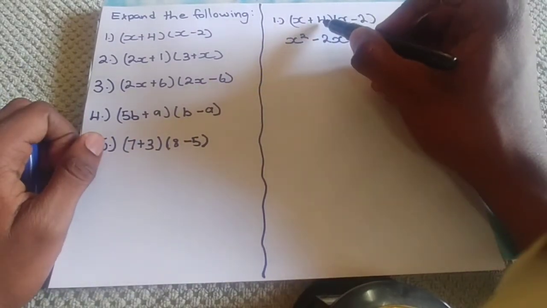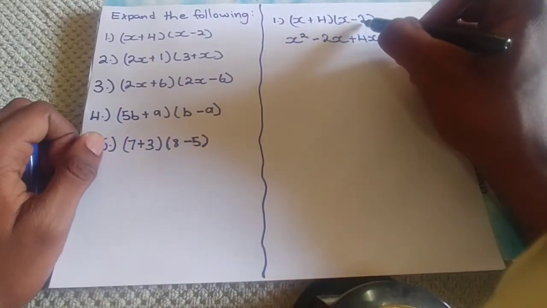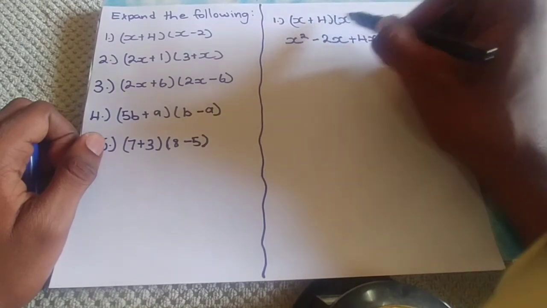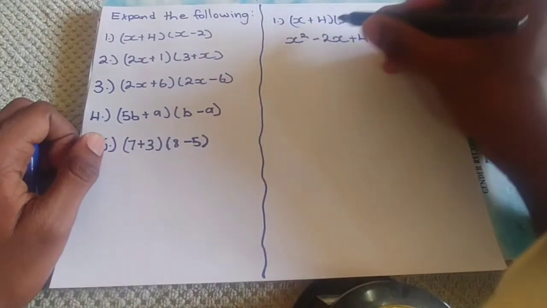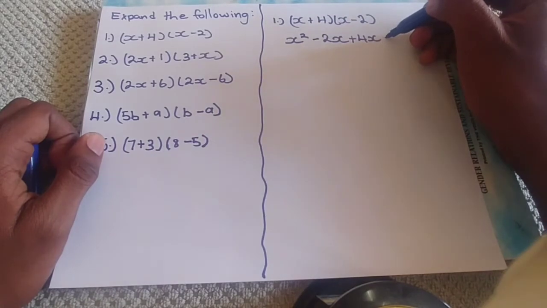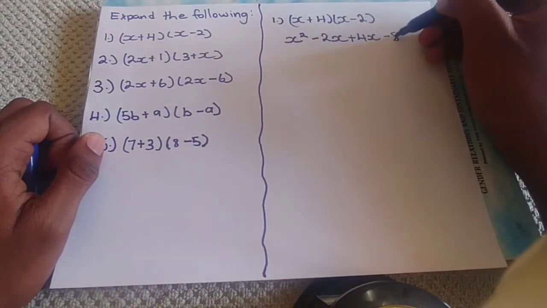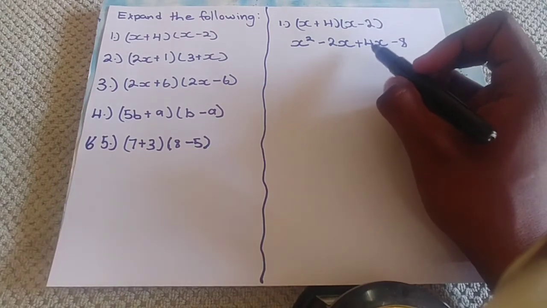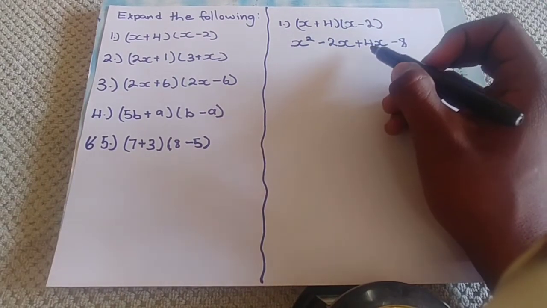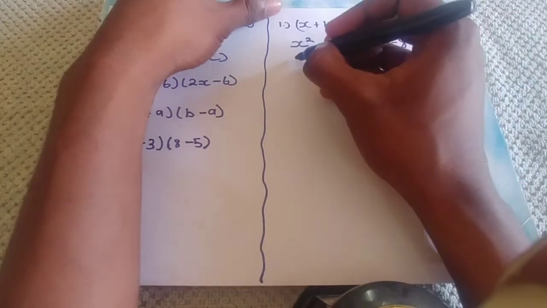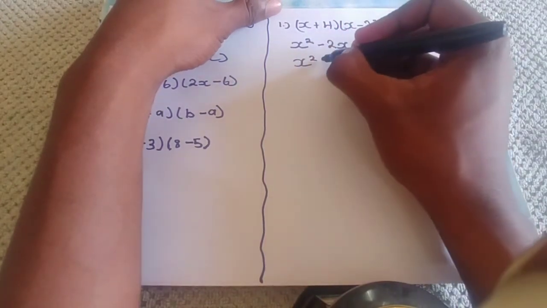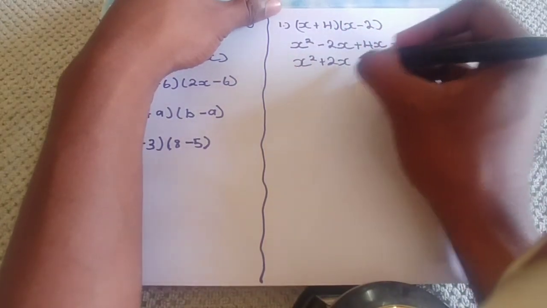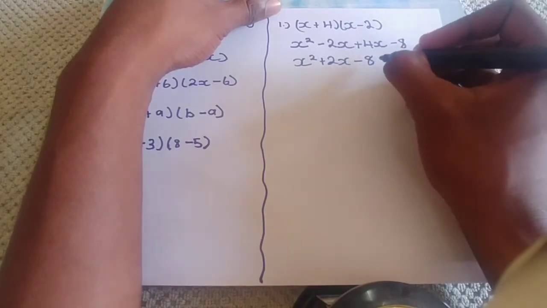So the 4 is last and the negative 2 is last. So we take the 4 and the negative 2 and we multiply them. So 4 times negative 2 is negative 8. Okay, simplify our items. We have minus 2x plus 4x, and that is positive 2x. So that becomes x squared plus 2x minus 8.